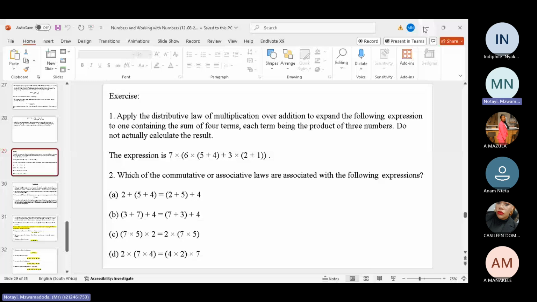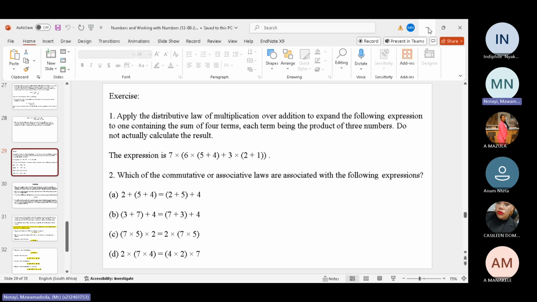Okay, so yesterday we established the four terms with two numbers by breaking the innermost brackets. I just wrote the terms on the chat section.